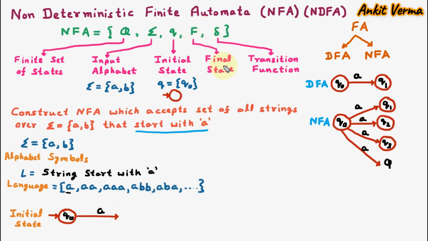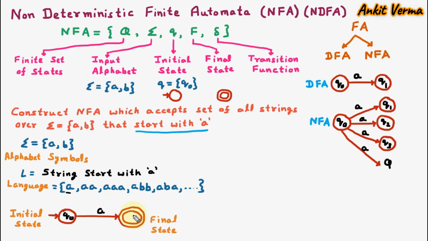That means after getting A from the initial state, we should be on a final state. So here F signifies the final state, which is represented by a double circle. When we are on Q0 and A is coming, we should be on the final state, represented by a double circle.